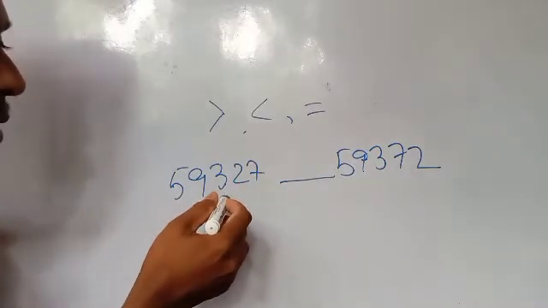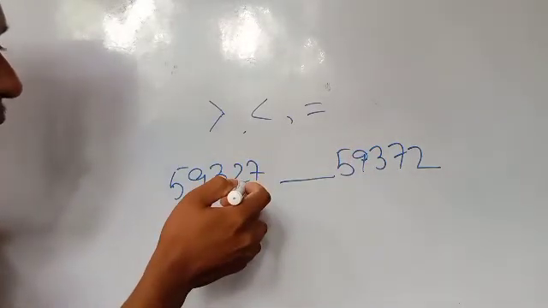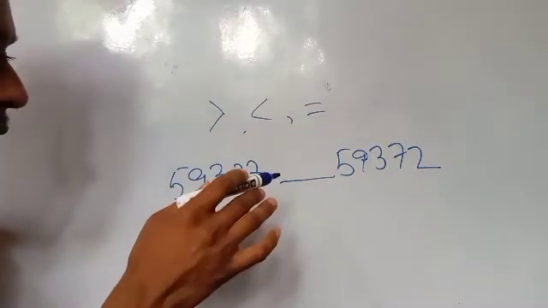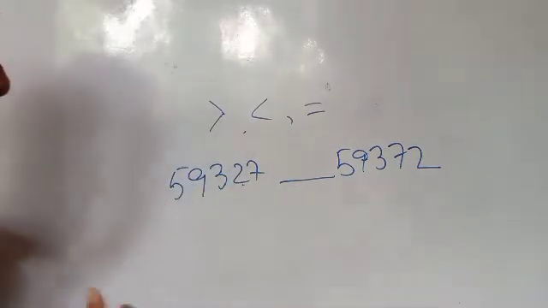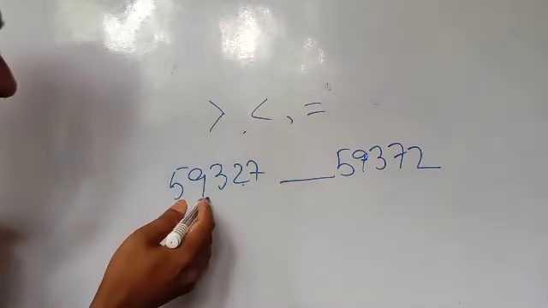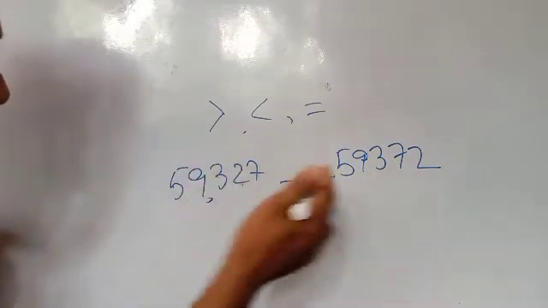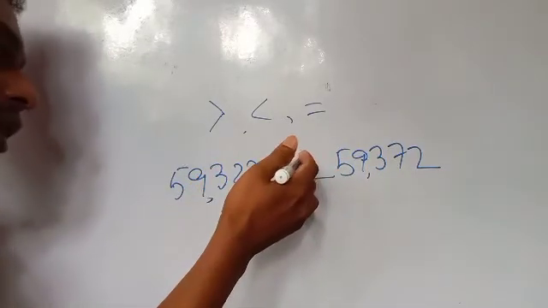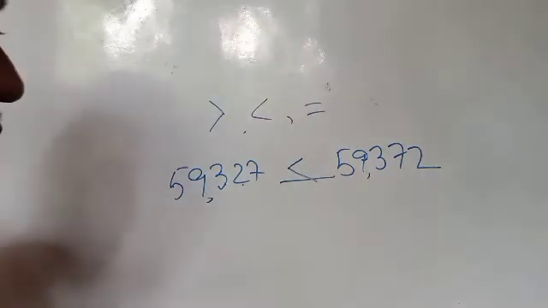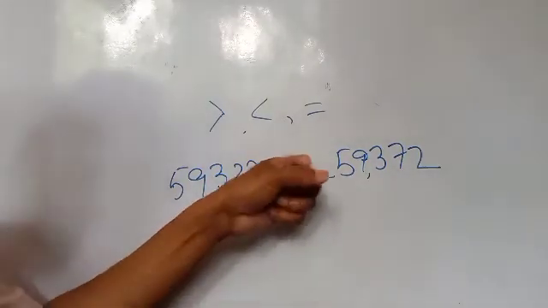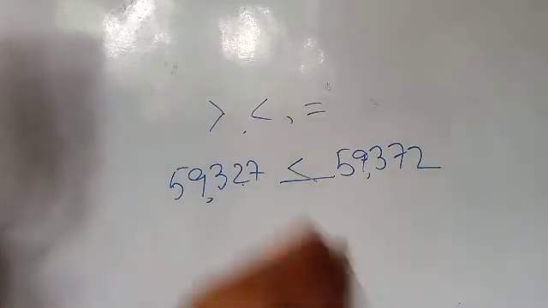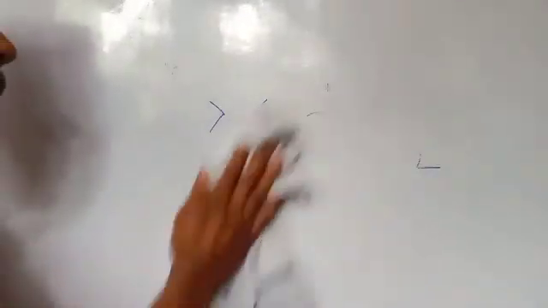Up to 593 they are the same, after that here it is 2 and there it is 7. So is the first one greater than the second, less than the second, or are both equal? 59,327 is less than 59,372, so you have to give the less than symbol. If it is greater, then you give the greater than symbol. These are the sums that may come in the exam.